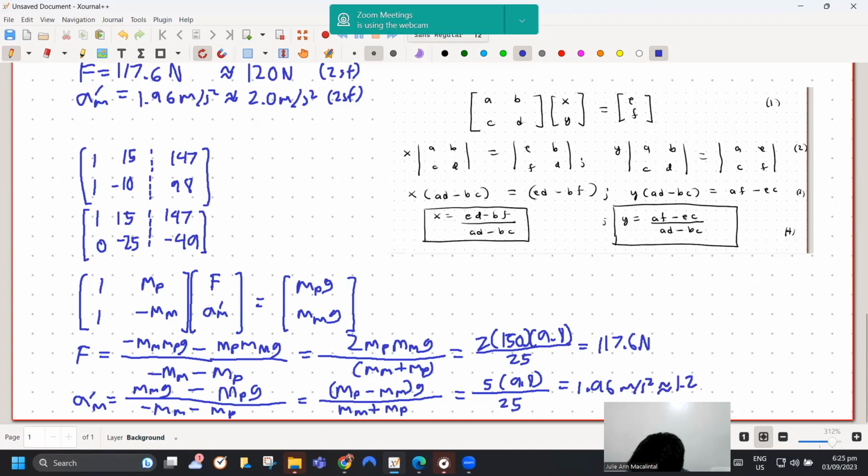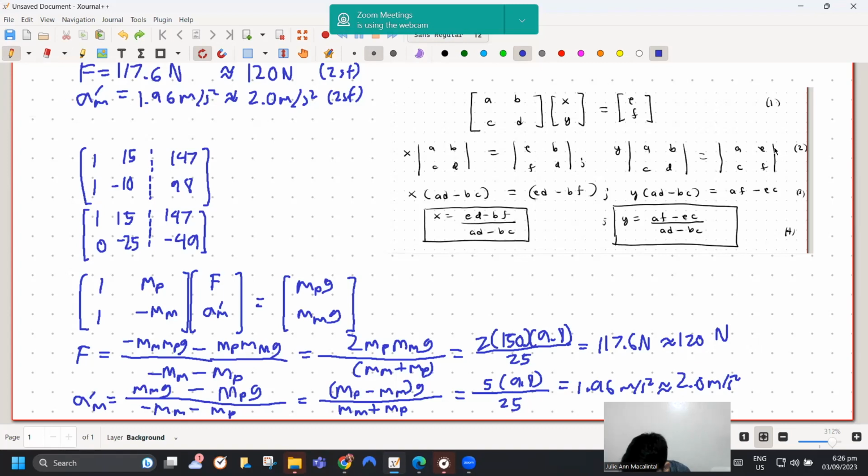So, pareho. Yeah. Hindi siya 1.20 meters per second square. That should be 2.0. 2.0. So, yeah.